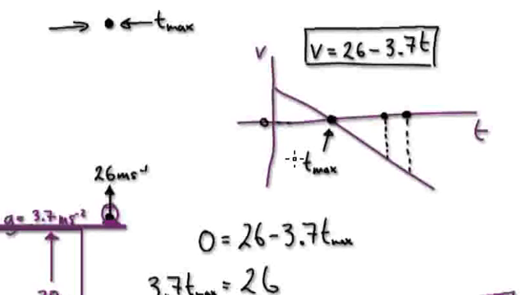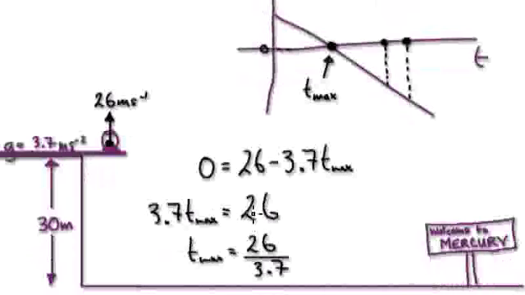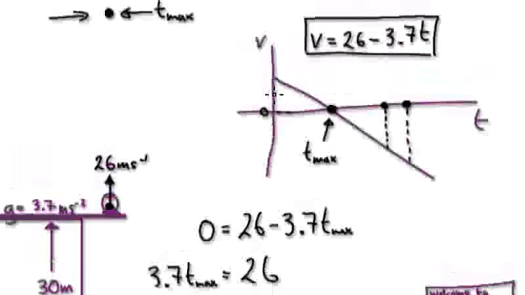So you want to find out the time it takes to get to its maximum height. Work that out first, because that will then give you a sense of what's going on. So here you put 0. You are trying to find out T max here, the time it takes to get to maximum height. So put 0 into this V here.